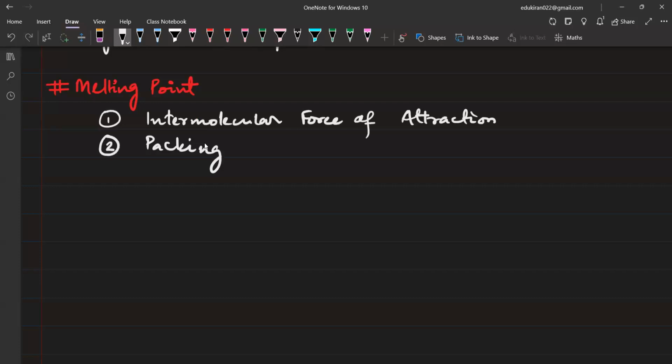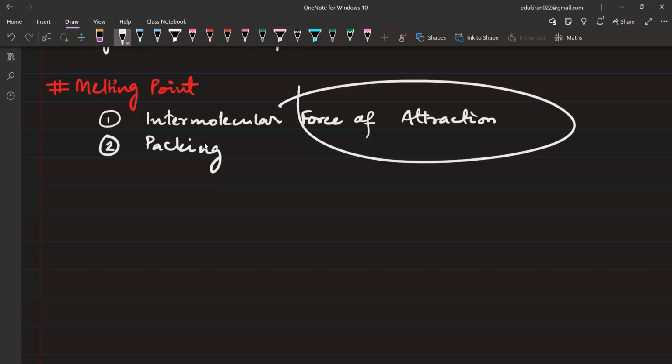Packing means that a solid is a lattice, in which the atoms are fitted. They are not loose. They are held in a position. So you have to see if the packing is symmetric or unsymmetric. If the packing is symmetric, that means the atoms are held and there is very little space between them.